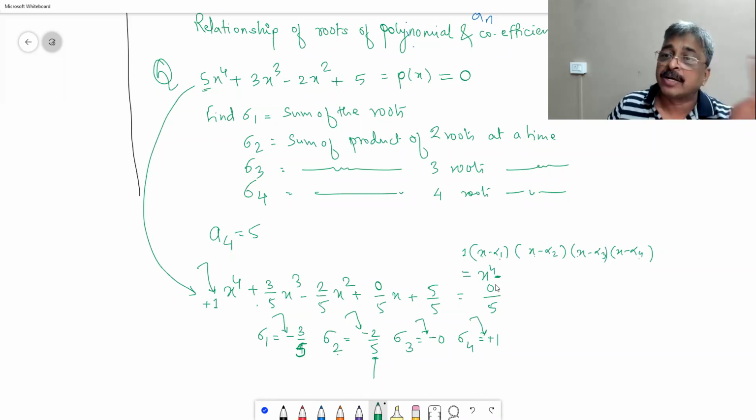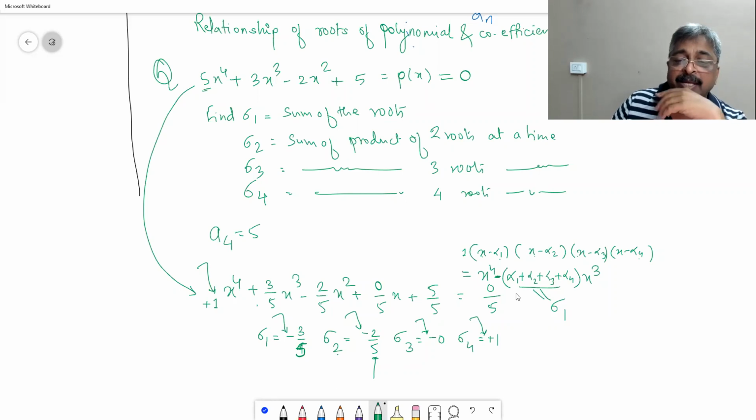That constant comes with a minus sign, so it is minus (alpha 1 plus alpha 2 plus alpha 3 plus alpha 4) times x cube. But this is what we have defined as sigma 1. So when I compare the coefficients, minus sigma 1 is equal to 3 by 5. Therefore, sigma 1 is equal to minus 3 by 5.